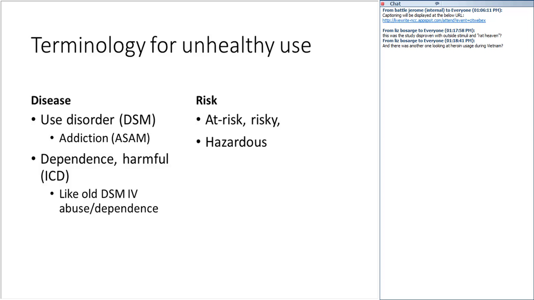The American Society of Addiction Medicine has defined addiction, and often the definition includes use that's out of control, compulsive use, and it talks about it being a brain disorder. I don't know that all substance use disorder is a brain disease. If you think back to the 11 items in the DSM that I listed for you, you could imagine that some people might meet 1 or 2 of those criteria.